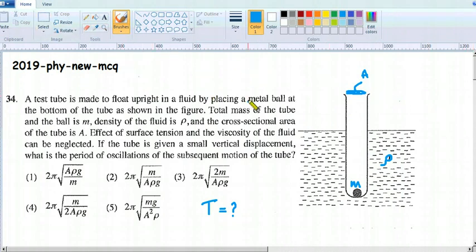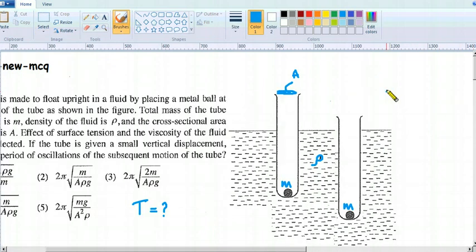First of all, let's draw the diagram to show the second incident. So this is how we can see the test tube after pushing it down and before we take our hand out. At the instant when we take our hand away from this test tube, this is how we see it.